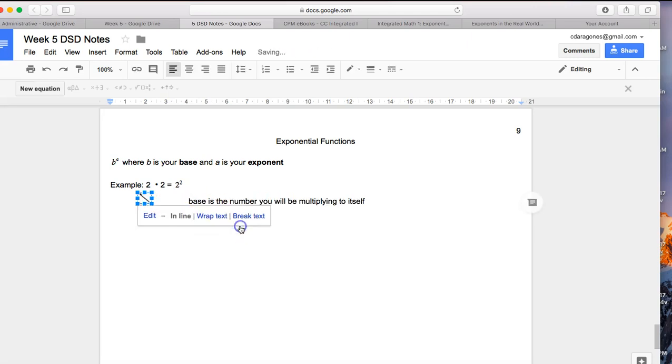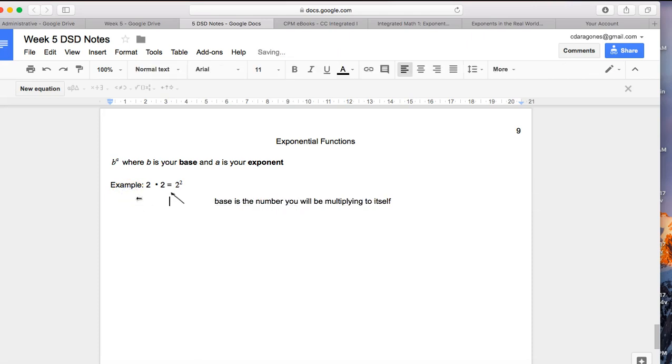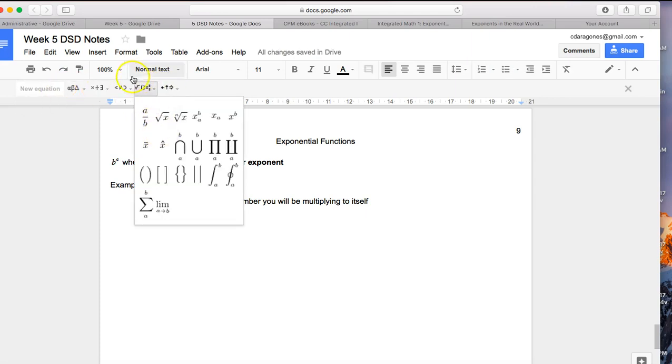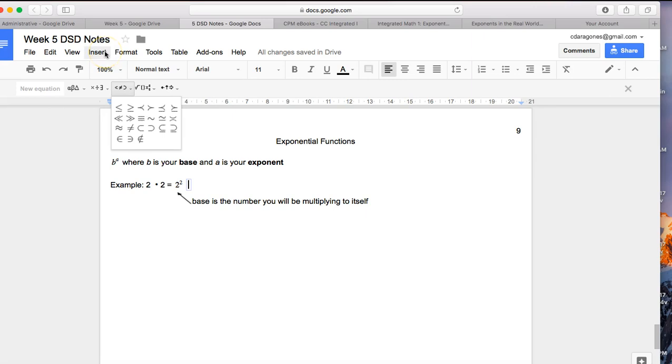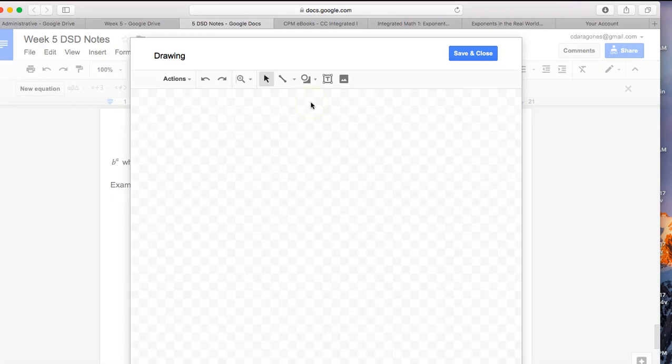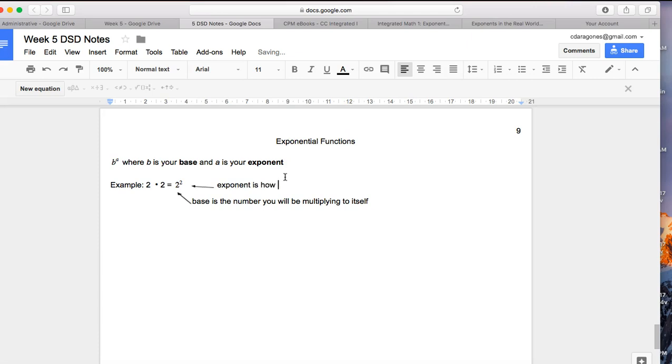Okay, it's being really uncooperative. So I'm just gonna do this. Okay, there we go, sorry. Okay, so the base is the number you'll be multiplying to itself, and then the exponent is how many times you will be multiplying the base to itself. So this is saying you're going to multiply 2 to itself 2 times.